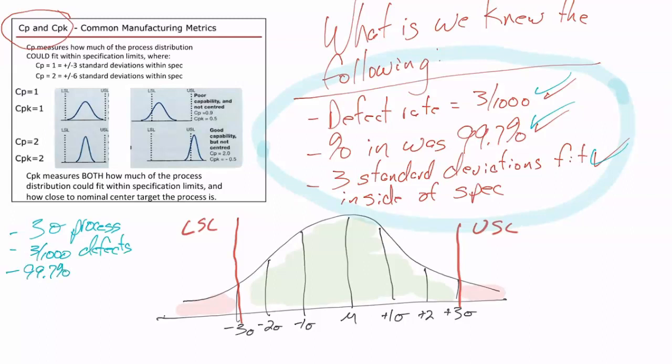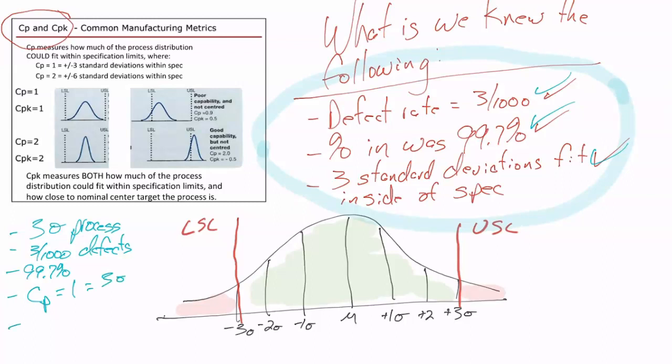Or what we could call this, and it was just defined this way, if we can fit 3 standard deviations on the high and the low side within specification, a 3 sigma process, we're going to say that that has a CP value of 1. CP, a process capability metric defined in the 1980s, was defined as being equal to a 3 sigma process.